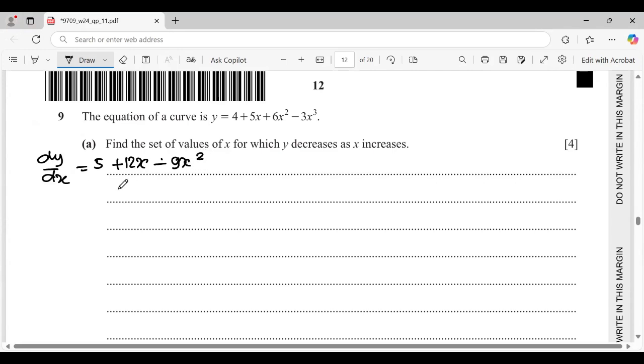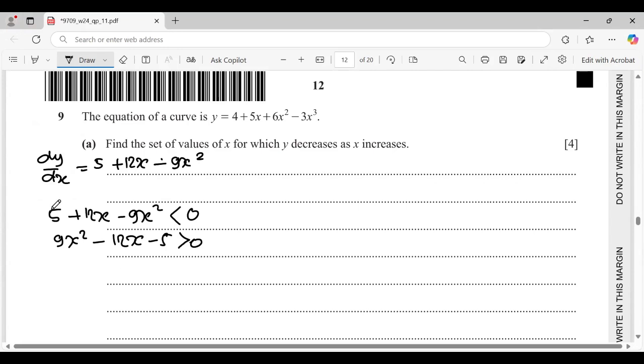After that, set it as an inequality. So it becomes 5 plus 12x minus 9x squared less than 0. Or if you multiply by minus 1, it's going to be 9x squared minus 12x minus 5 greater than 0.